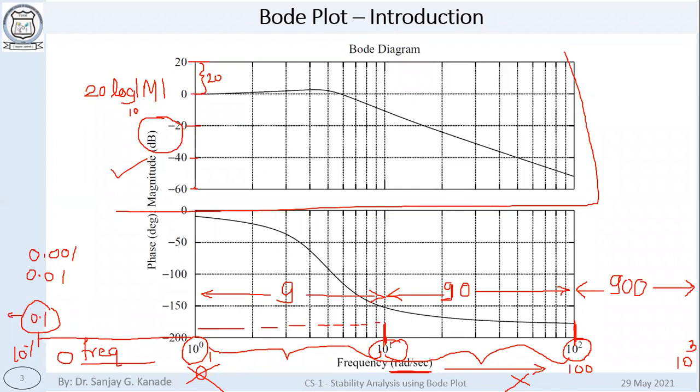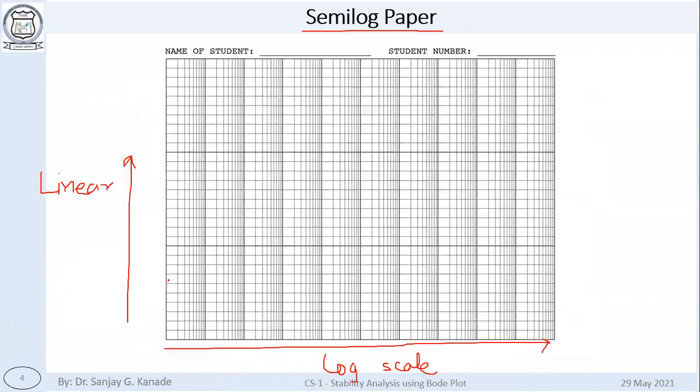Otherwise, we start generally from 0.1 or 1. The phase angle axis is chosen based on the values of the phase angle that we calculate. We are going to see how these calculations work out. So this is a semi-log paper, and you are supposed to draw the Bode plots on semi-log paper only.